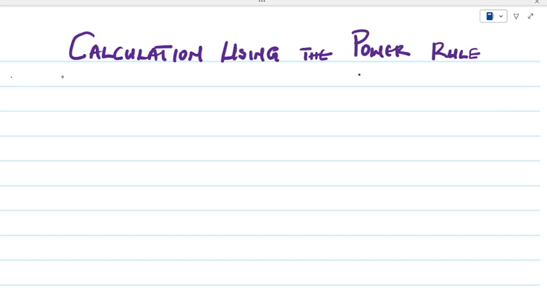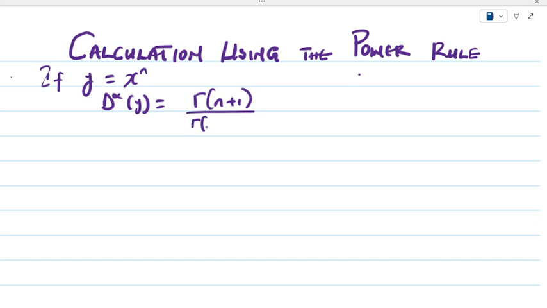So if y equals x^n, then the power rule derivative D^alpha of y equals gamma(n+1) over gamma(n minus alpha plus 1), times x to the power n minus alpha.